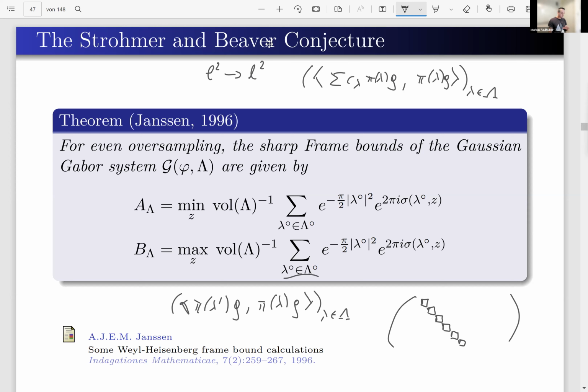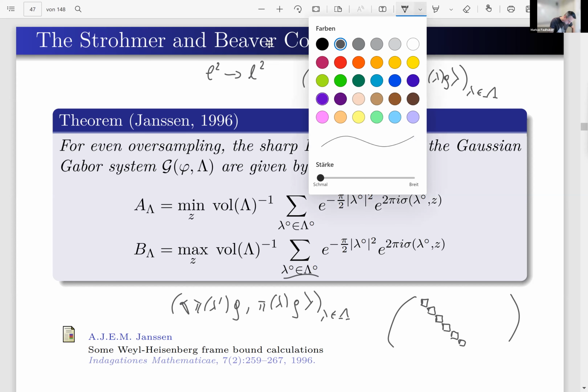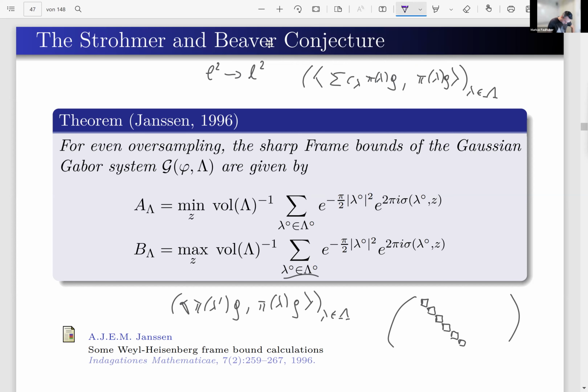And the reason why this only works for even oversampling are these commutation relations, which I mentioned in the beginning, that modulation and translation do not commute. They produce some phase factors. And if you have integer oversampling, everything is actually fine. So also you will only have blocks of size 1.